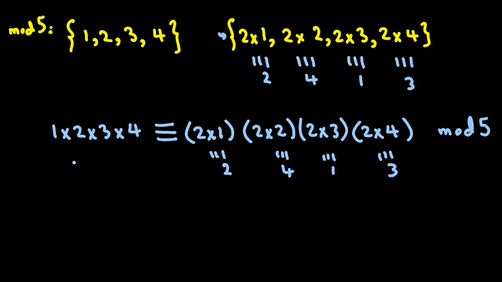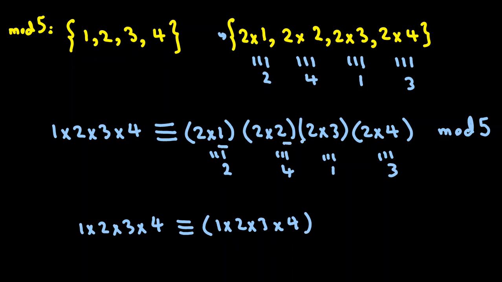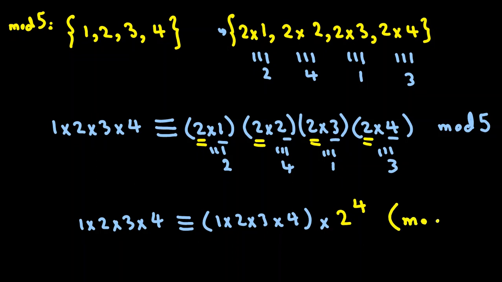And then we can say what? You can say, okay, it is 1 times 2 times 3 times 4 is congruent to, or you can write, let me write that first, 1, 2, 3, 4, and times, I have 4 2's. 1, 2, 2, 2, 3, 2, 4 2's. 2 to the power of 4. And you can see what?